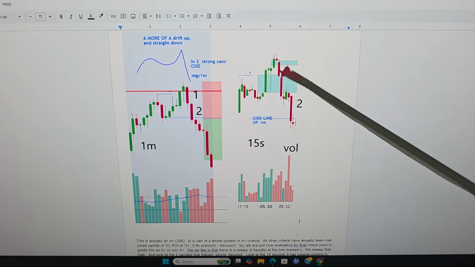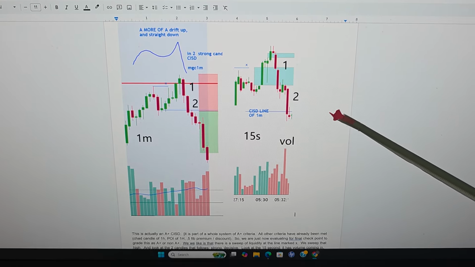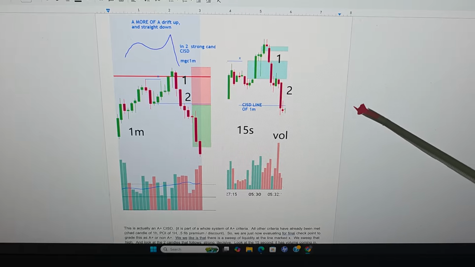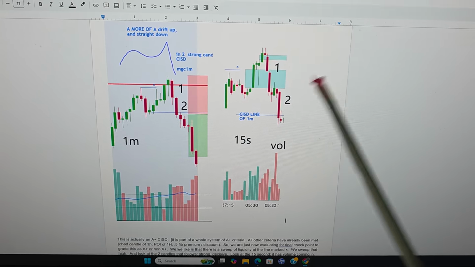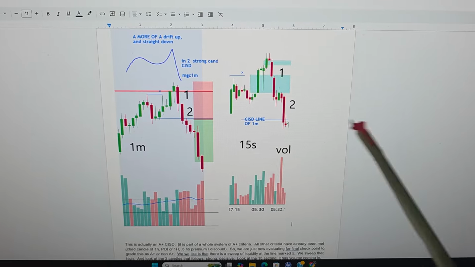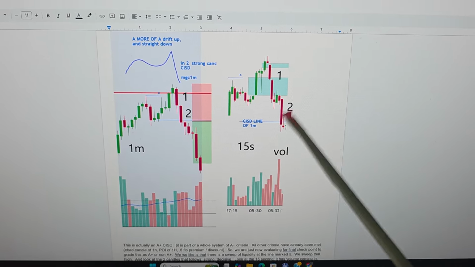But let's say it wasn't like this. It was more like drifty, small candles, gets over here, did it close below, did it not close below? That, by comparison to this, would not have been a good A+ SysD.